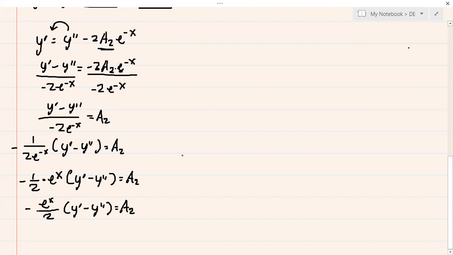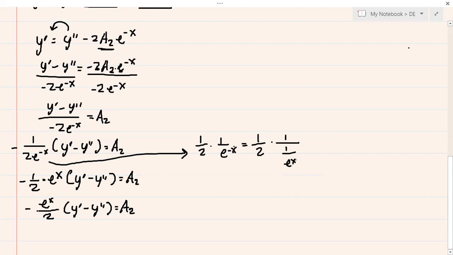Okay? So kung hindi nyo naintindihan kung paano ko ito na-reciprocate, ganito lang yun. Una, pinag-separate ko si 2 at saka si e. So meron na akong dalawang fraction. Then ito, kung i-reciprocate mo to, by the definition of laws of exponent, magiging 1 all over e raised to x.